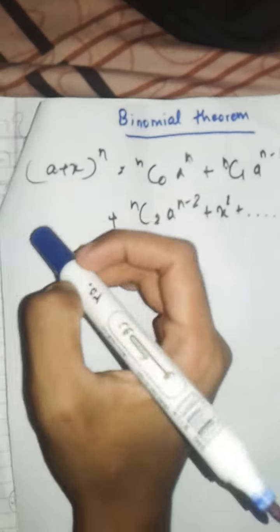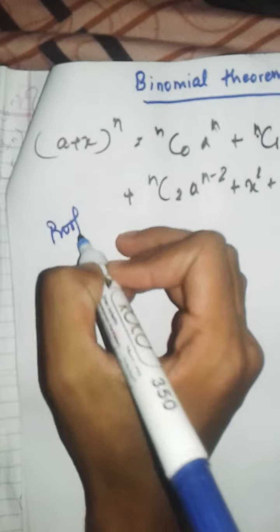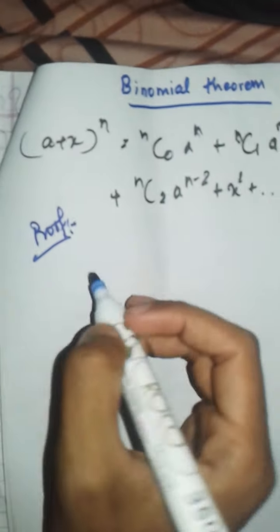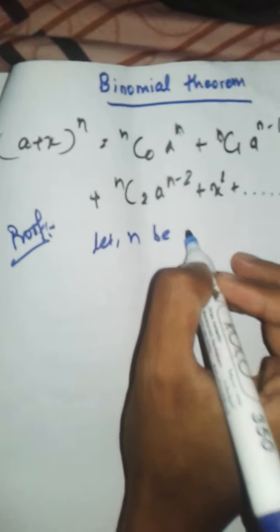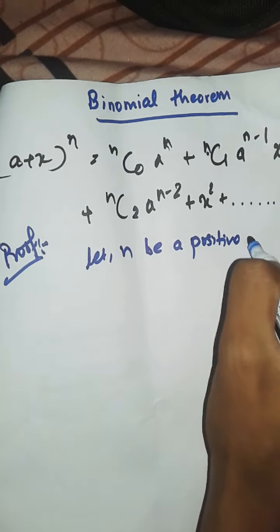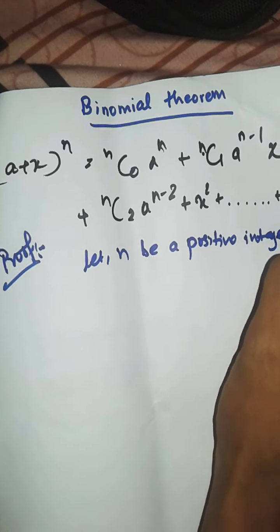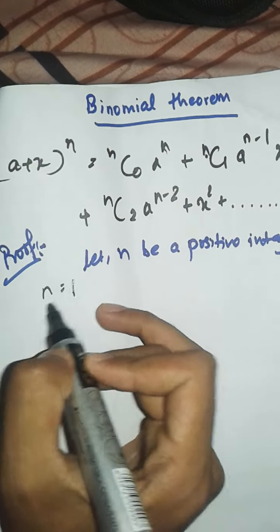So before proving that, let us write down the proof. Let us suppose that n is a positive integer. After supposing n to be a positive integer, we'll take n equals 1.